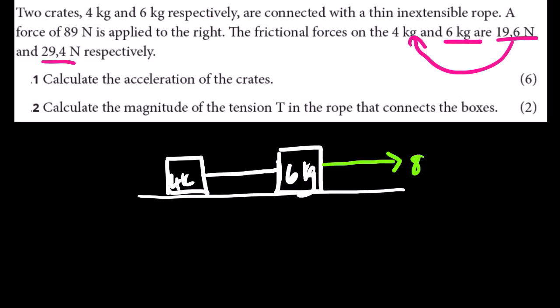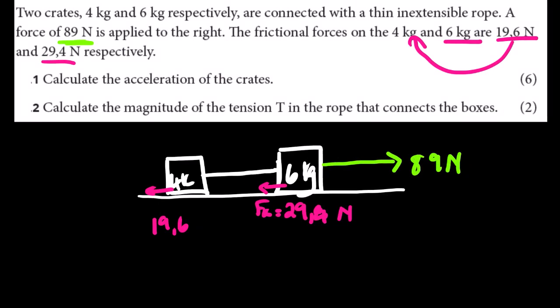The magnitude is 89 newtons. Then we are given that the kinetic friction experienced by the 6 kg is 29.4 newtons, and the kinetic friction experienced by this one is 19.6. So basically we know that we have normal force and Fg. But before we can start calculating, by the way, the displacement of the system is to the right.